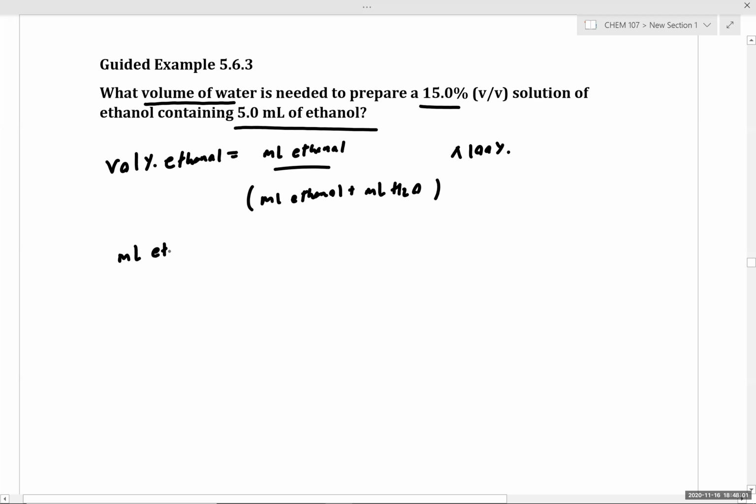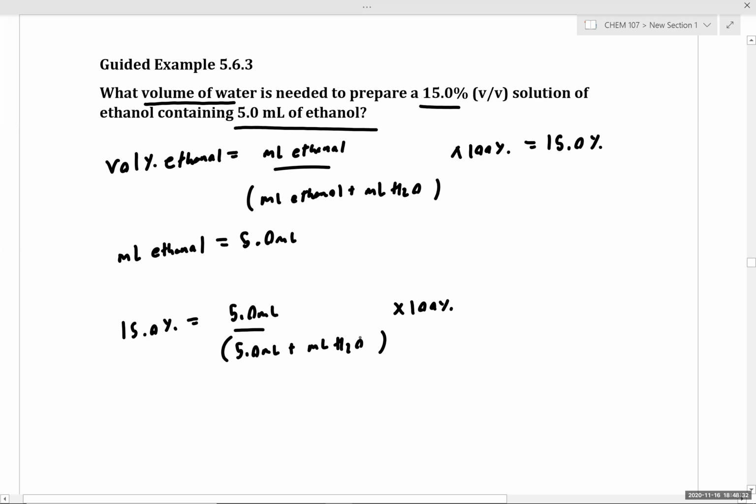And we know that the milliliters of ethanol, which is our solute, is 5.0 milliliters, and our volume percent is 15.0%. So then, substituting, we have 15.0% is equal to 5.0 milliliters over 5.0 milliliters plus the milliliters of water.